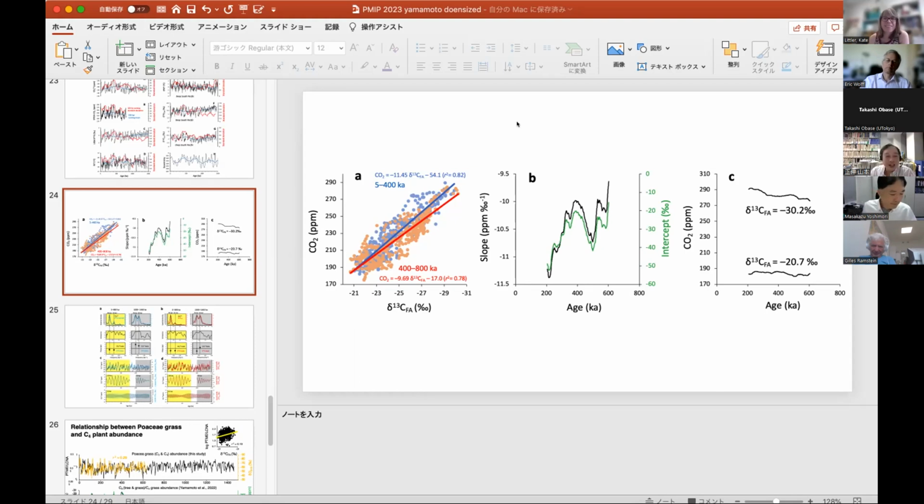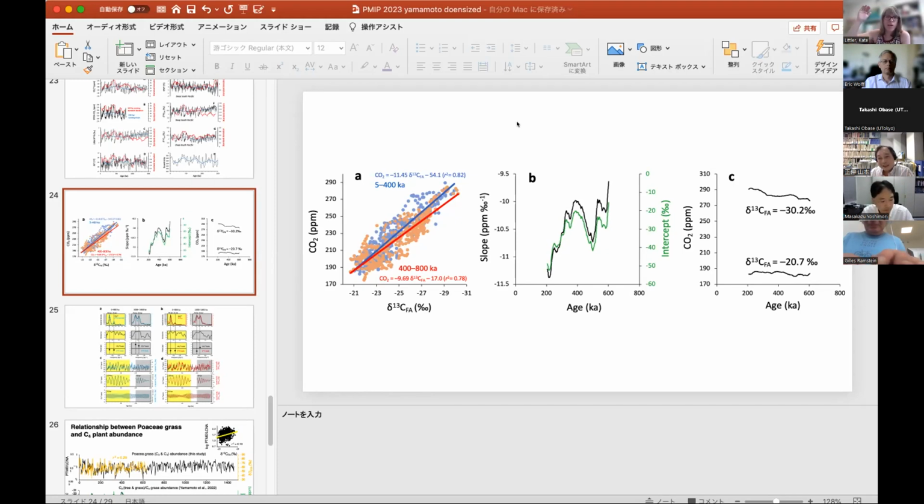Hopefully, but I want to say that maybe we have to get the information about the temperature and precipitation as well. Then if the temperature and precipitation range is the same as the late Pleistocene, then maybe to some extent we can have confidence in the CO2 record.